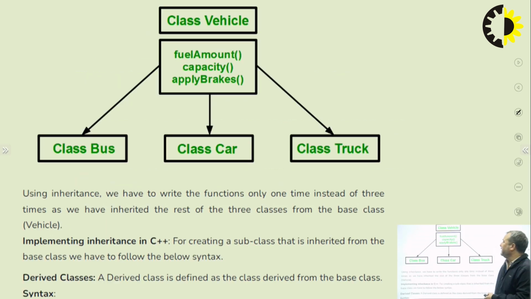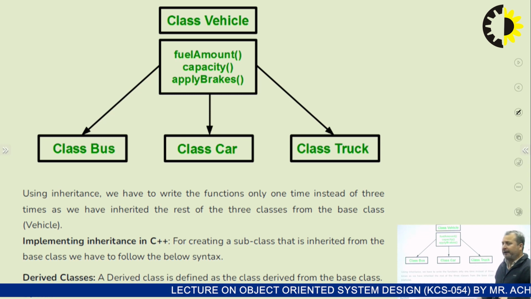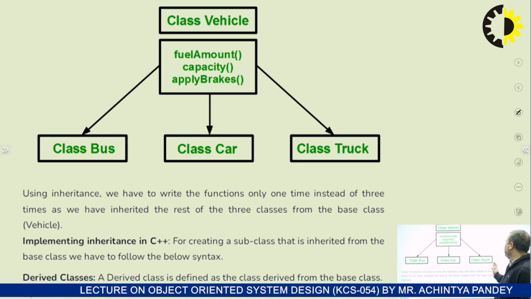For example, suppose we have created a vehicle class with some mechanisms or functions: fuel amount, capacity, apply brakes. This vehicle class can be extended into new classes like a bus class, car class, and truck class.